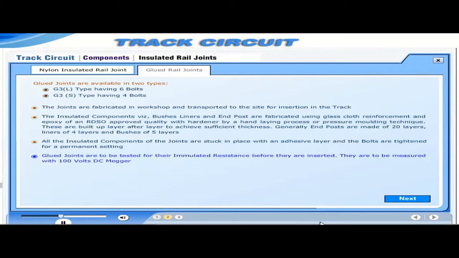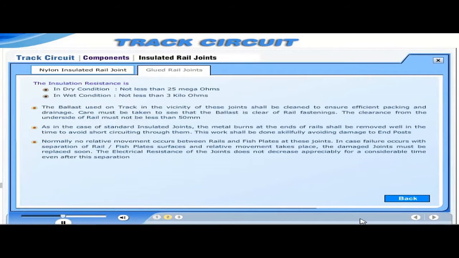They are to be measured with a 100 volts DC megger. The insulation resistance is, in dry condition, not less than 25 mega ohms. In wet condition, not less than 3 kilo ohms.